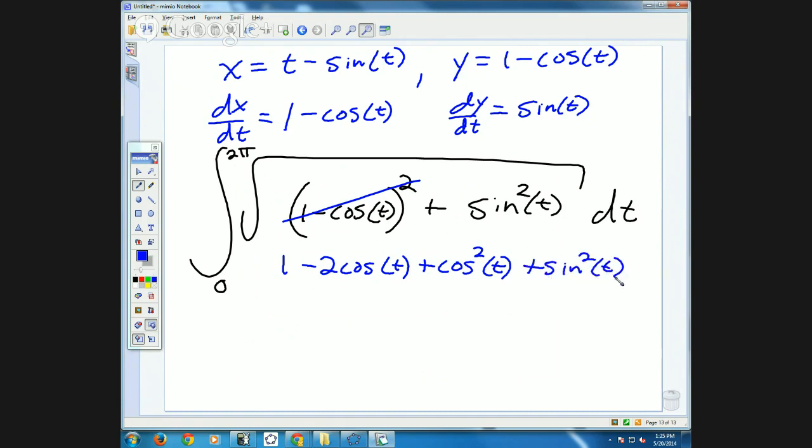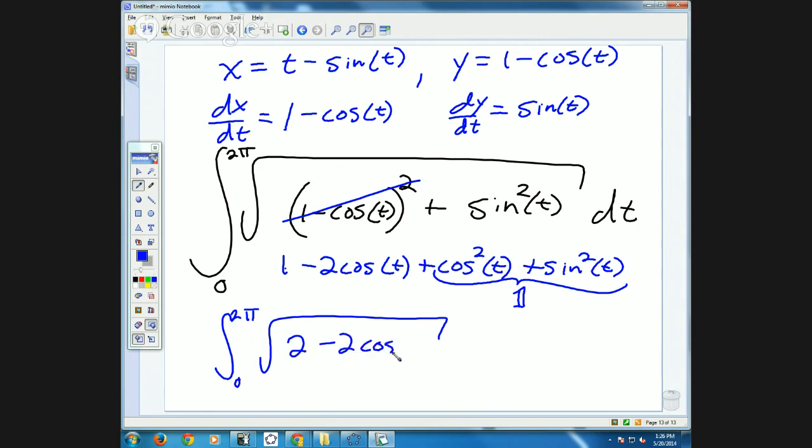And why do we love these guys together? Because they make 1. Combine that with this one here. So now I have the integral from 0 to 2 pi of the square root of 2 minus 2 cosine of t.